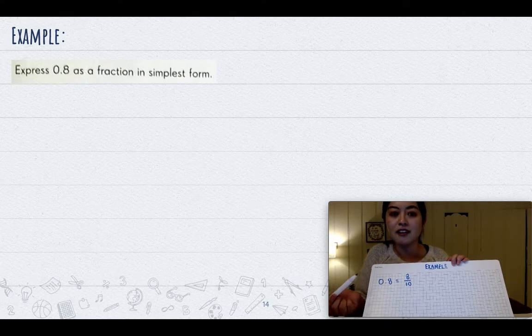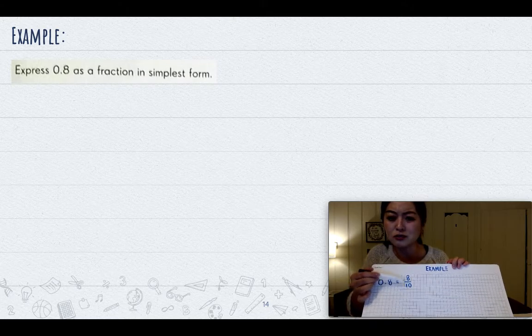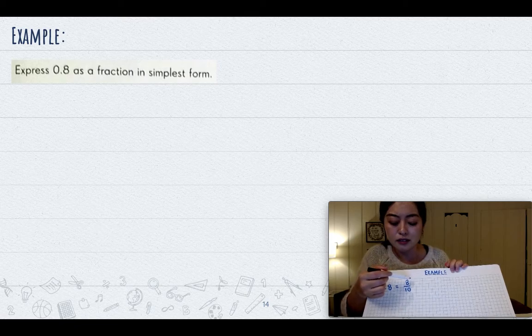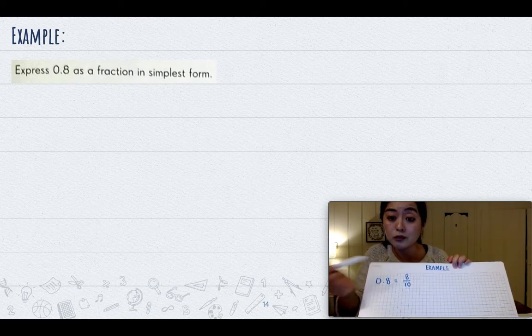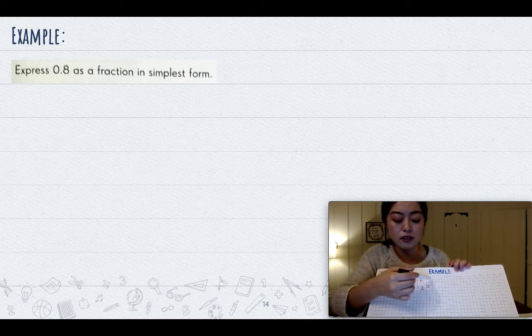Okay. Is this in simplest form? No, because we still have some common factors between 8 and 10. Let me see. I know they're even numbers, so right away I'm going to divide it by 2. And then that becomes 4/5.